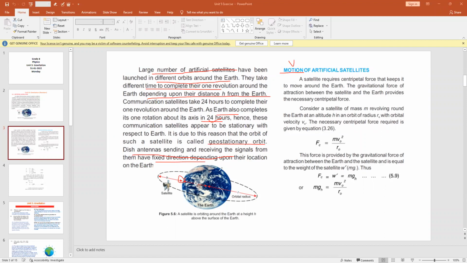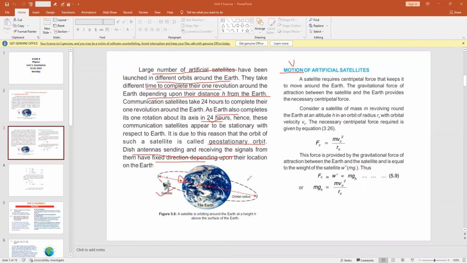As a satellite revolves around the Earth, its motion is in a circular path. If you recap the Unit 3 topic, centripetal force, centripetal force is a force that keeps an object moving in a circular path. Obviously, this satellite also has a centripetal force that keeps it moving around the Earth in a circular path.